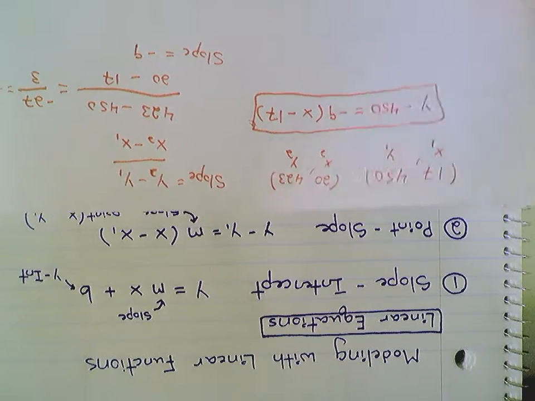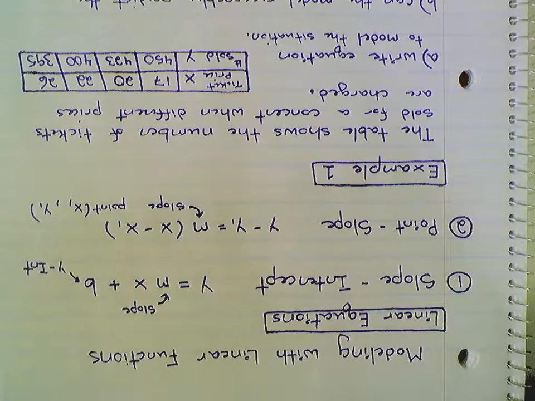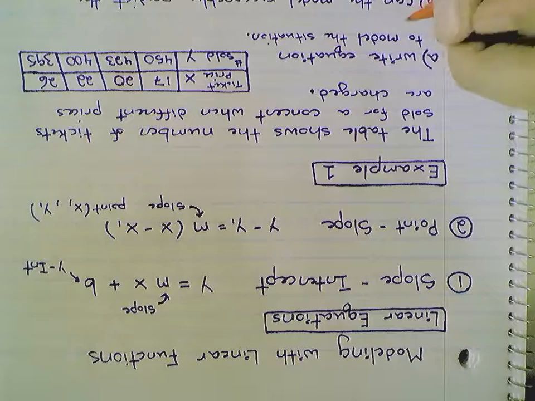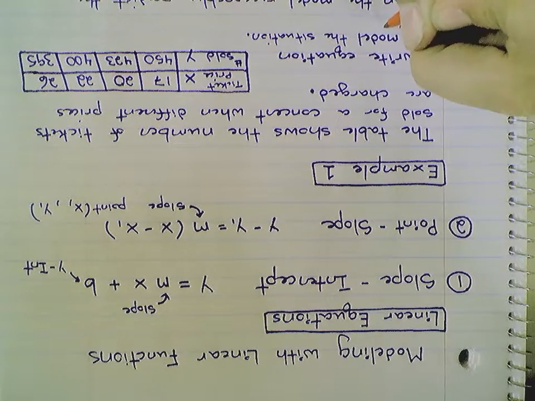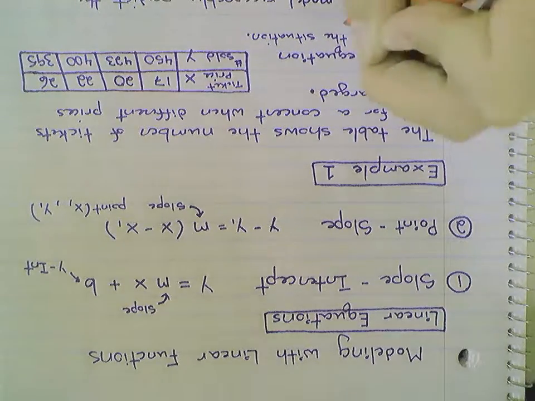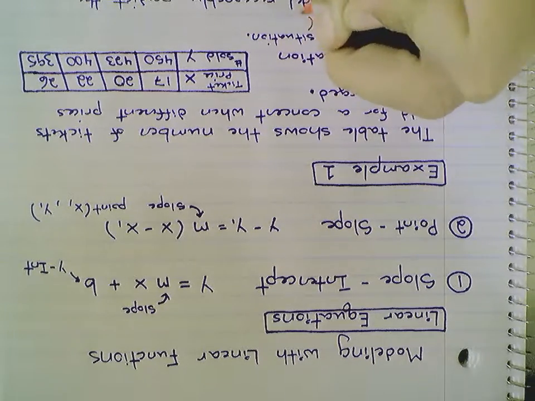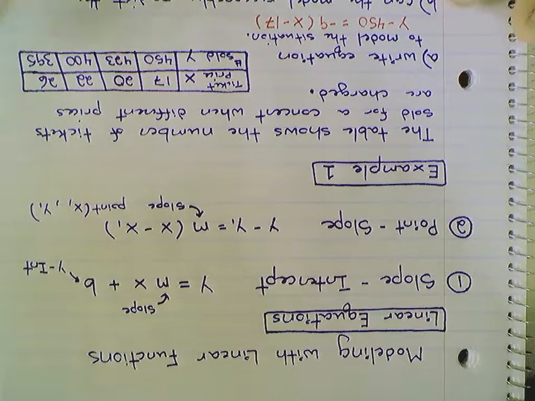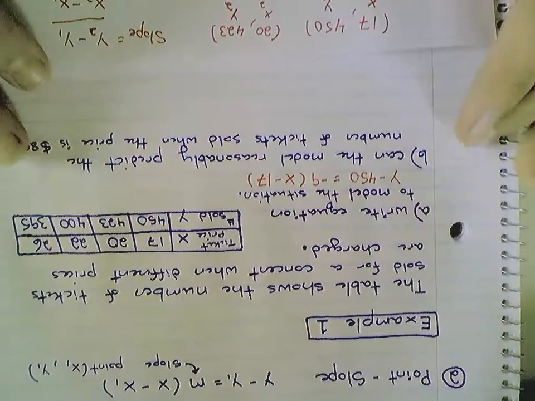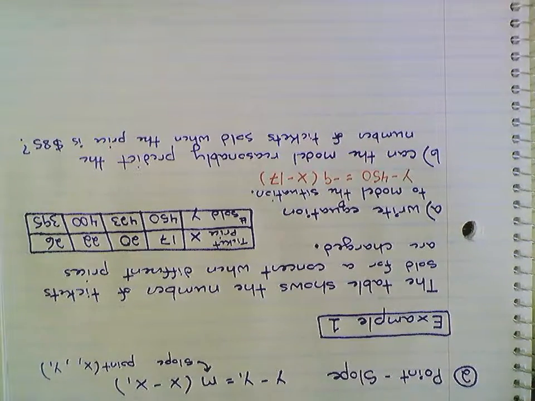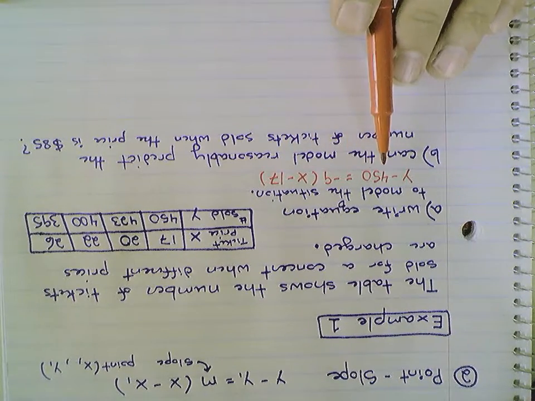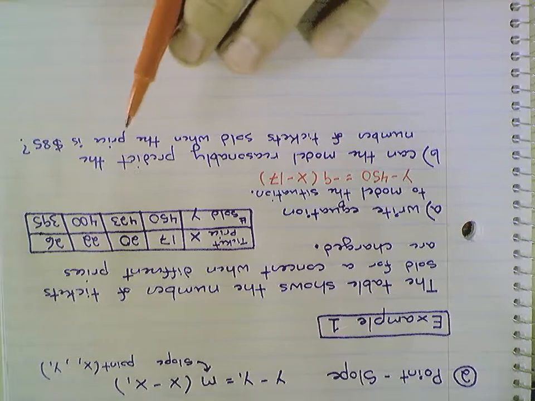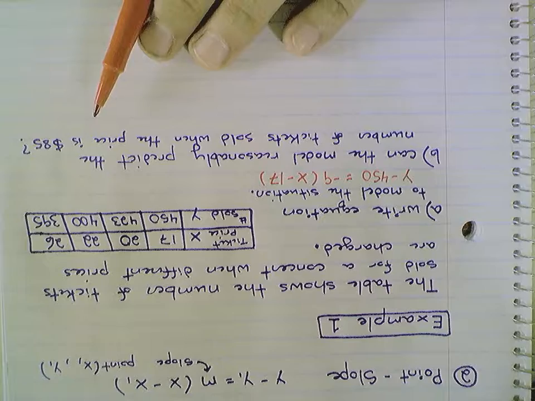So for part A, to write the equation to model the situation, my equation is y minus 450 equals negative 9 times x minus 17. That's the equation. Part B says, can this model, this equation we just found, reasonably predict the number of tickets sold when the price is $85?